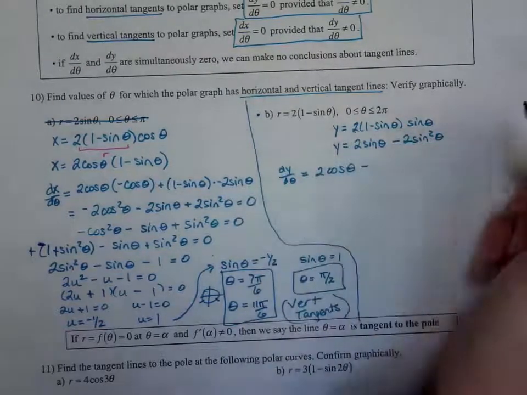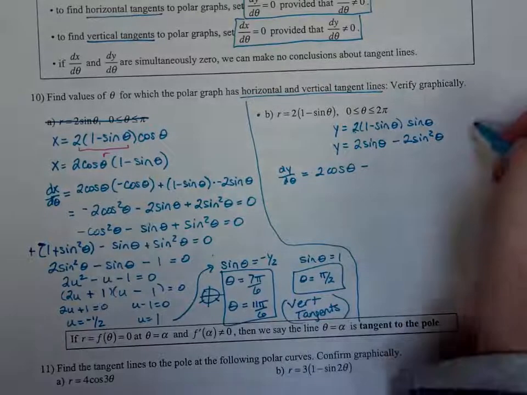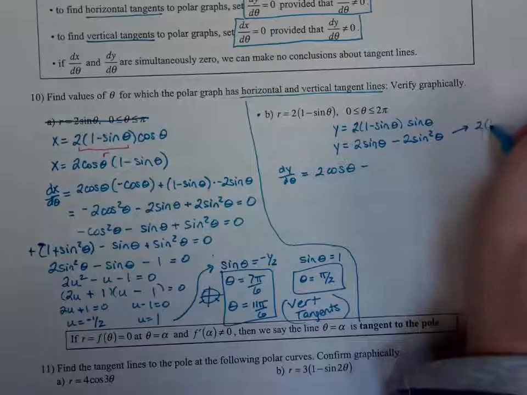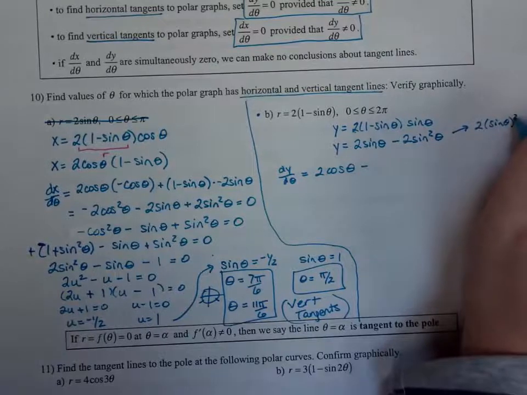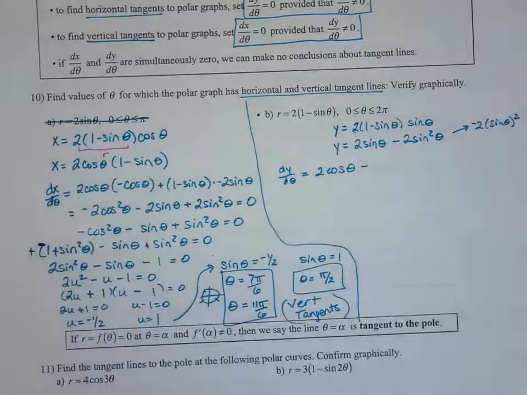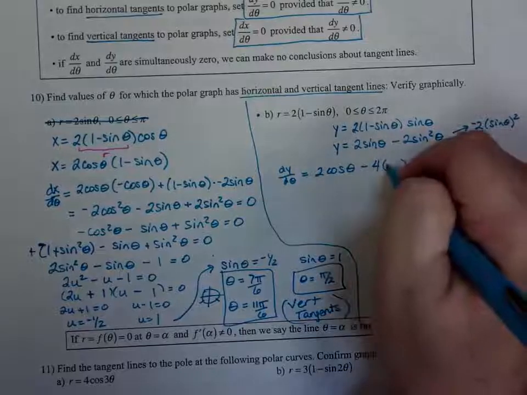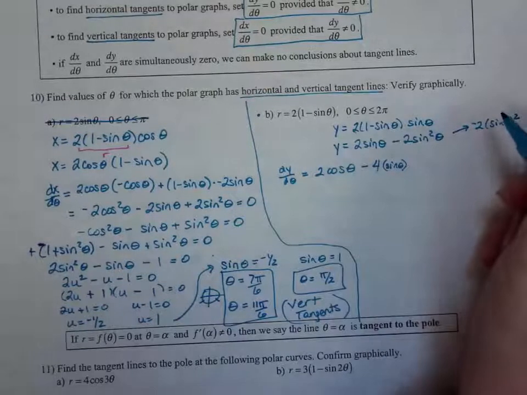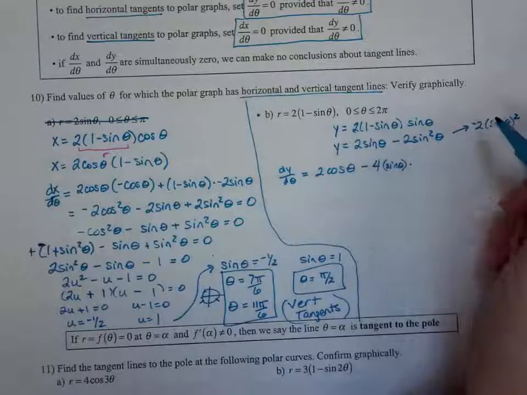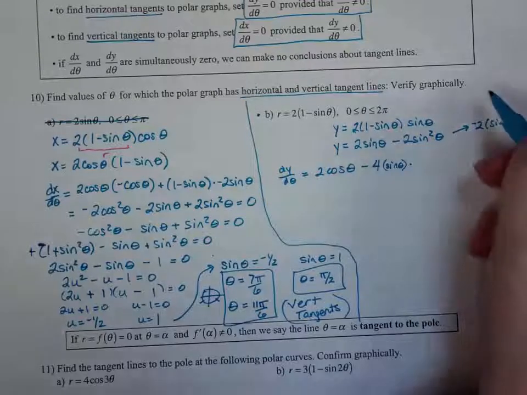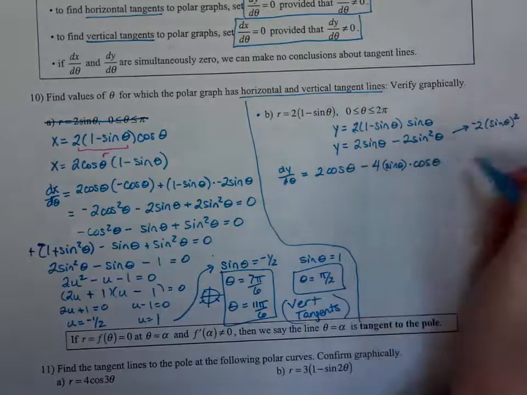Minus. Now be careful with this. This right here is, remember, negative 2 sine theta squared, and that is chain rule. So the 2 comes down, makes a negative 4, parentheses to the first, and in the parentheses goes the sine again, times the derivative of the inner, which is cosine.